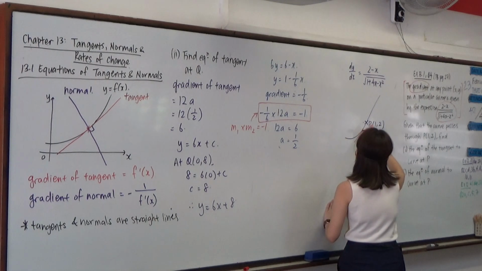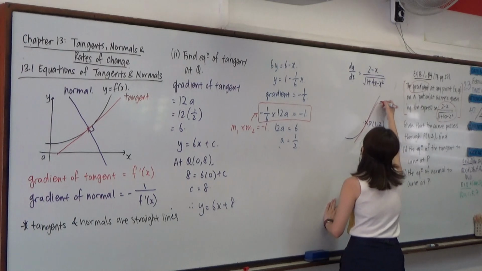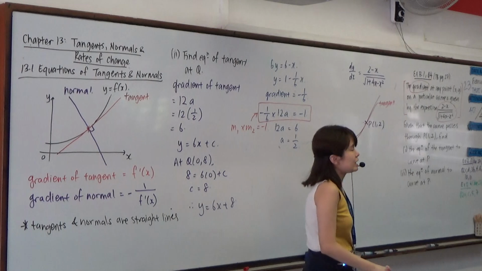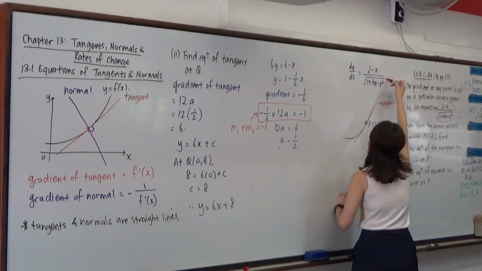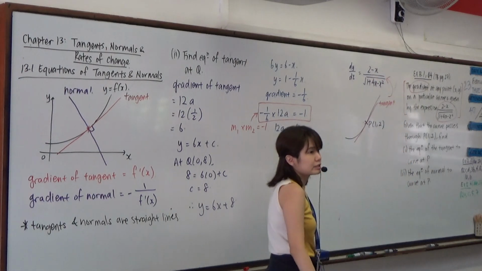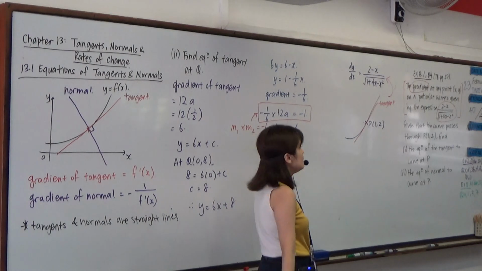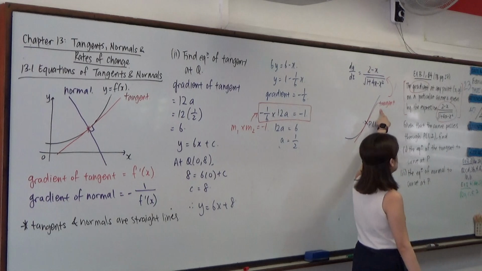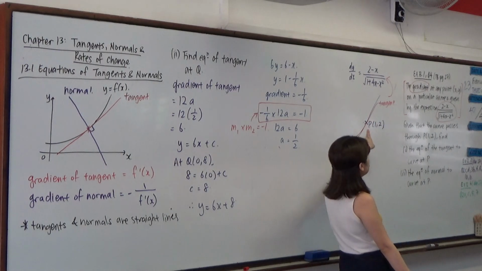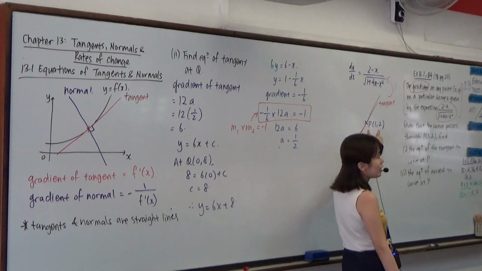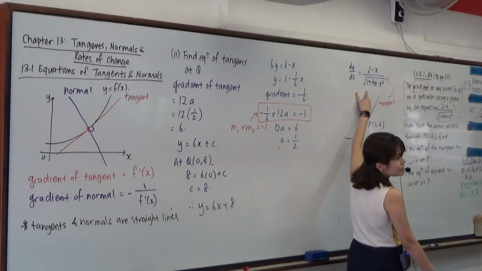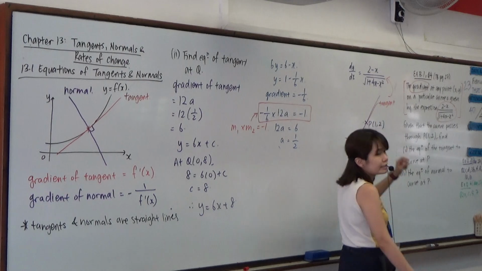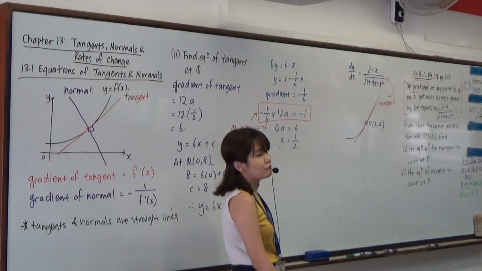The tangent might look something like this, and the gradient of the tangent should satisfy this expression. So the question wants me to find the equation of this tangent at P. Since I have the point, I will substitute x equals 1 into my dy over dx, and then I can find the gradient of the tangent.